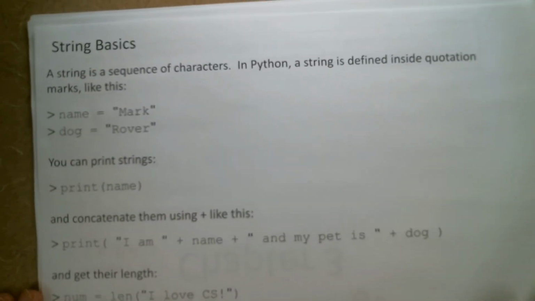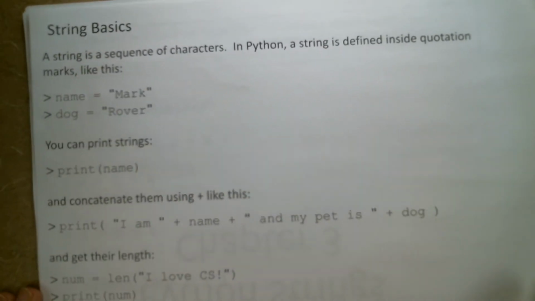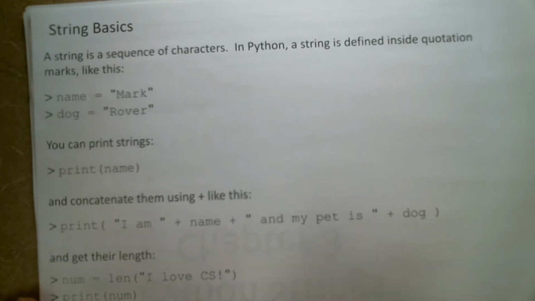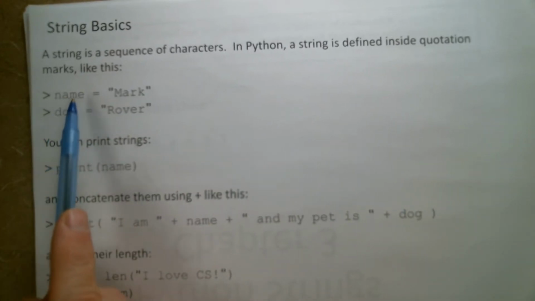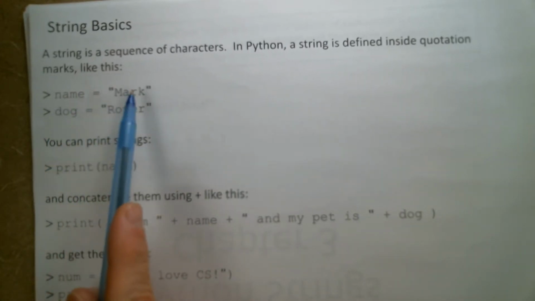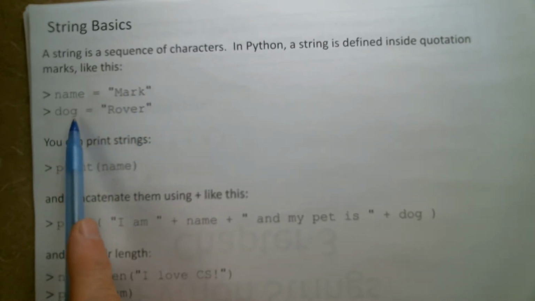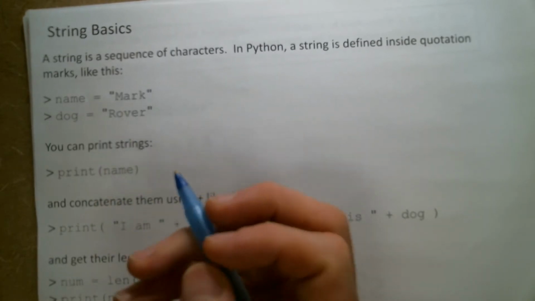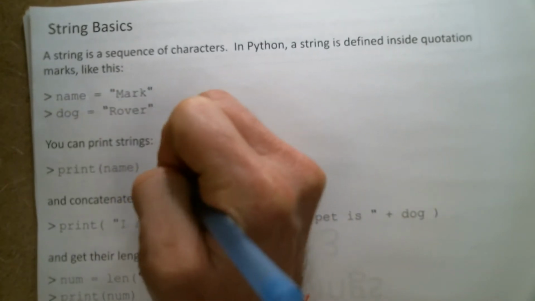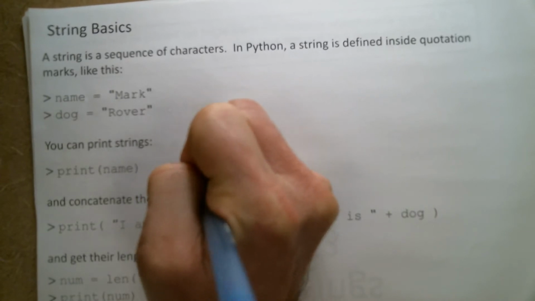Okay, so let's go back to some of the basics, and some of this we've seen before. But a string is a sequence of characters. In Python, a string is defined inside of quotation marks. So here's me creating a variable name and storing in that a string that has the letters M-A-R-K. Here's me creating a variable dog and storing in Rover. So you can print out strings, and because it's a variable, you wouldn't need to have the quotes around it there, and it would just print out the word Mark.